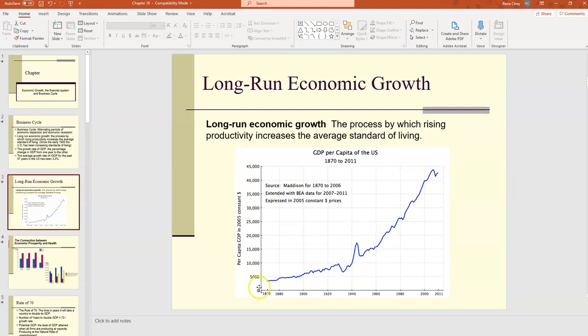As you can see, this is real GDP per capita starting in the 1870s. Real GDP per capita, by the way, is real GDP divided by the population of the country, so this number takes into account increases in population as well. We have seen a rapid expansion in real GDP per capita basically since the 1940s.